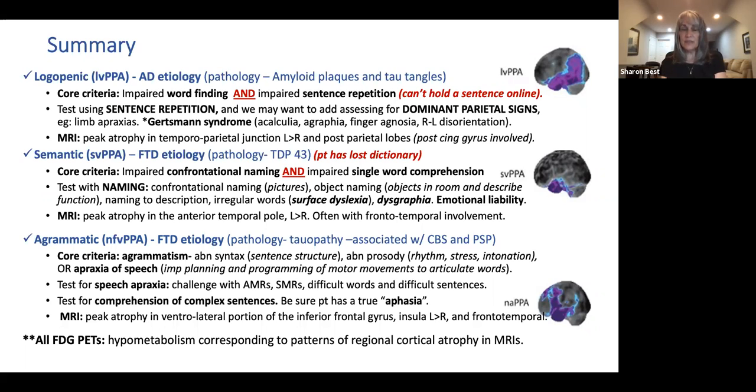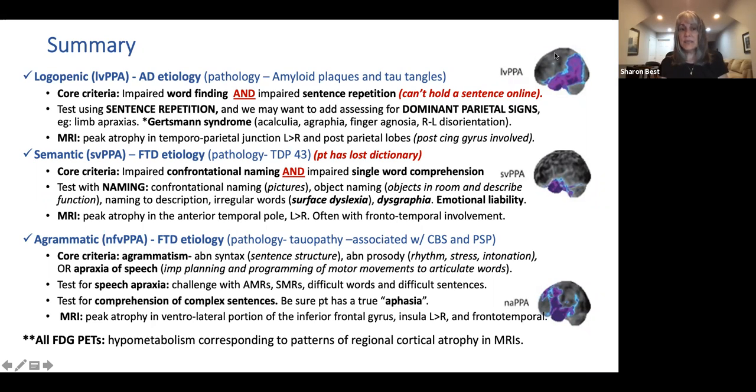The agrammatic non-fluent PPA, the core criteria is the either or: either agrammatism, the abnormal syntax and/or prosody of speech, or apraxia of speech, that abnormal planning and programming to articulate words.